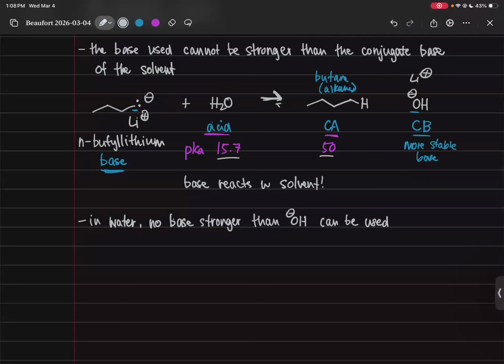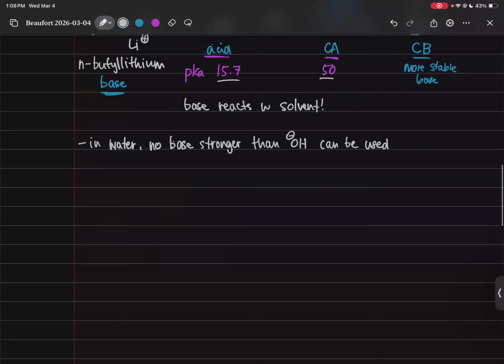All right, so that's the case for bases, but I said the same is true for acids.